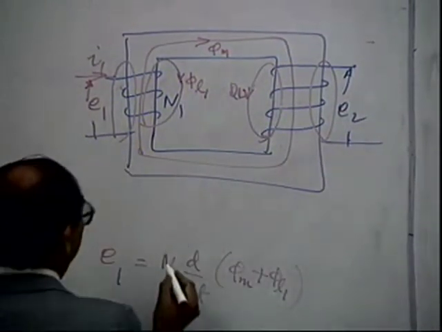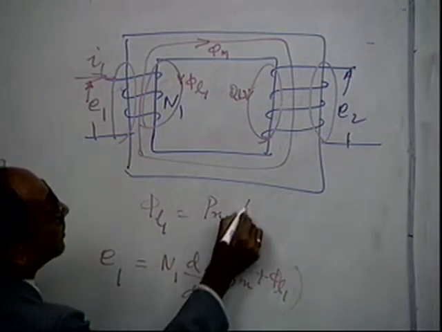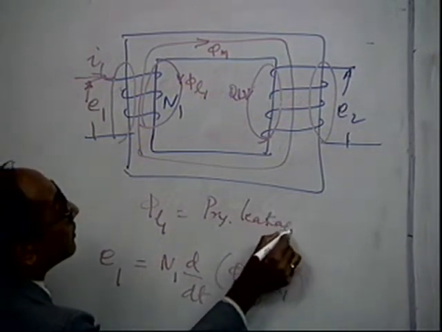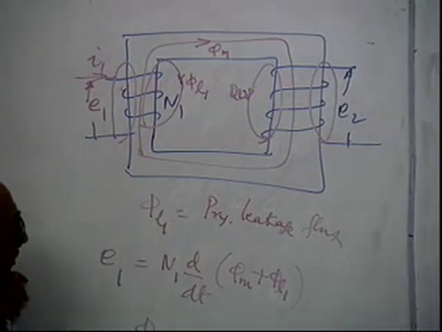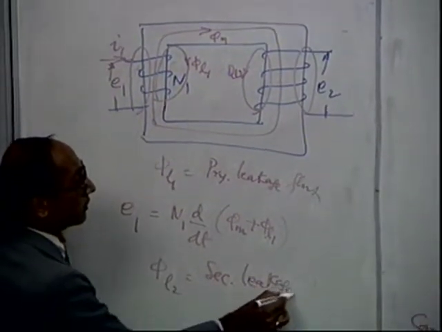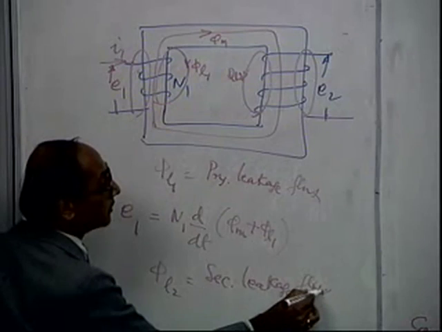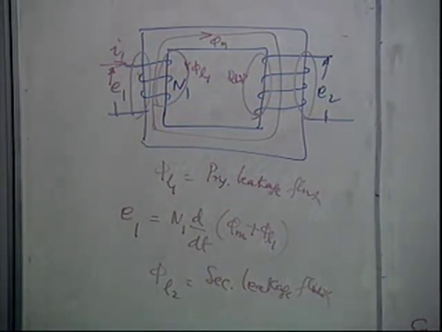So we define phi L1 as the primary leakage flux, and we also have phi L2 as the secondary leakage flux. So you will notice that whenever the current is flowing either in primary or in secondary, it not only contributes to the mutual flux in the core, but also to leakage flux which leaks outside the core. So that has to be accounted for.